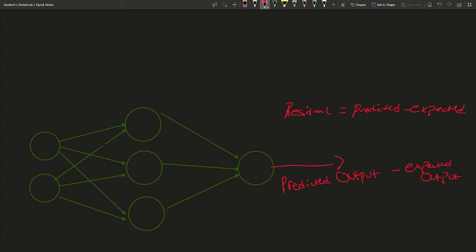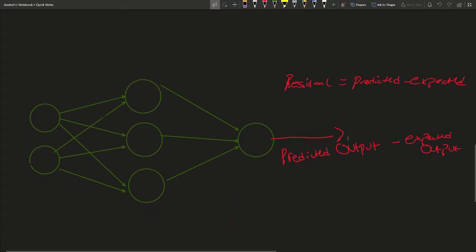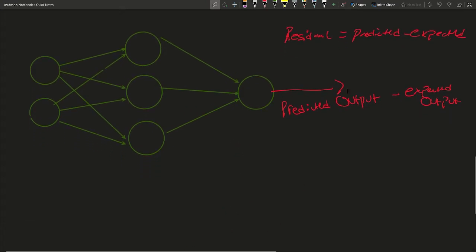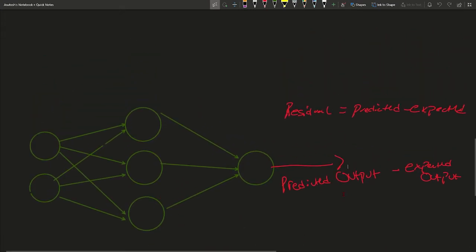And the smaller it is, the better off it is, right? So it takes that value and tries to minimize the distance. It tries to minimize the difference between the predicted output and the expected output by going back and using optimization equations, which we'll be talking about in just a second. So that's pretty much what a forward pass is, right?